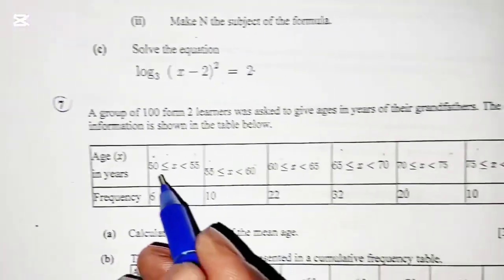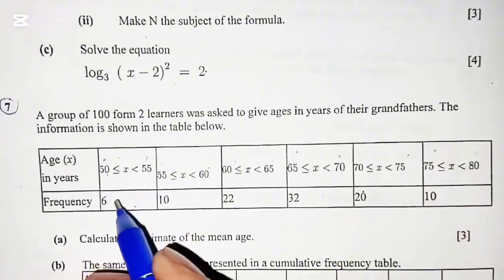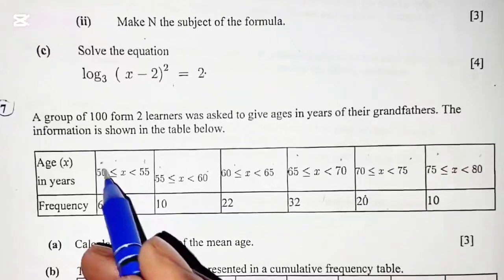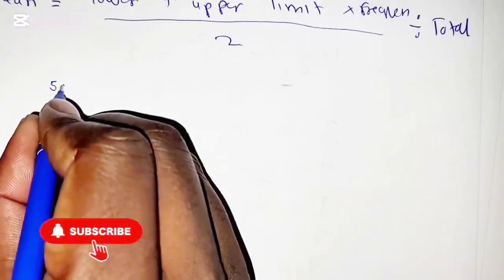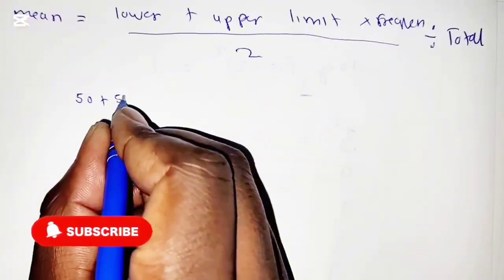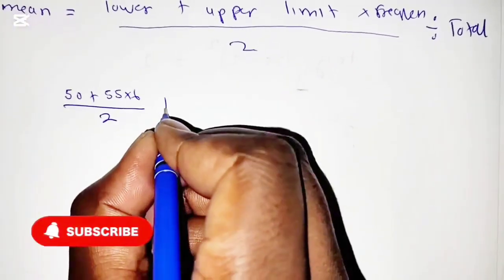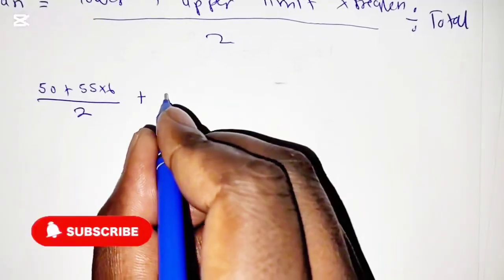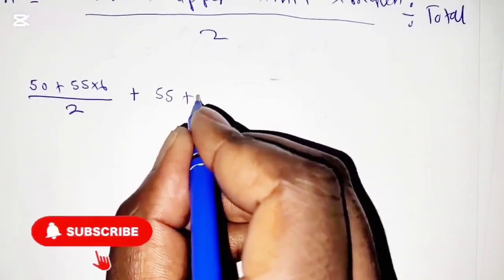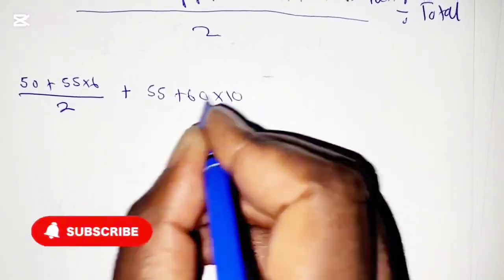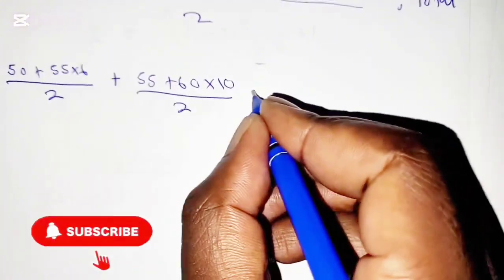So we're going to take 50 plus 55 times 6 divided by 2. Lower limit plus upper limit times frequency. So it's 50 plus 55 times 6 divided by 2, plus 55 plus 60 times 10 divided by 2.